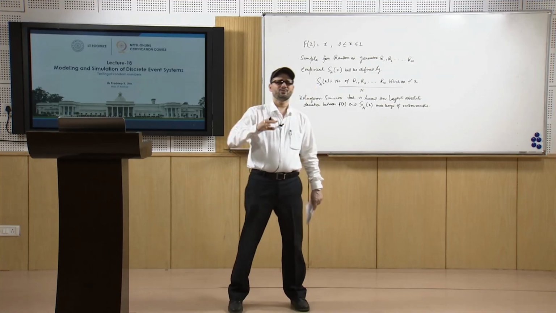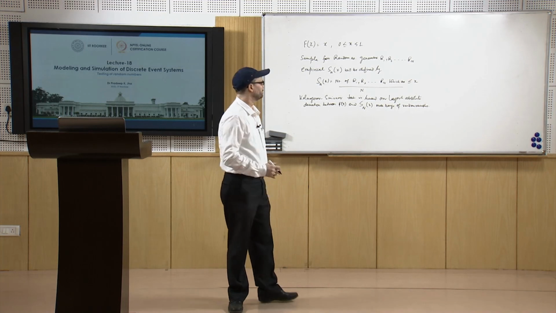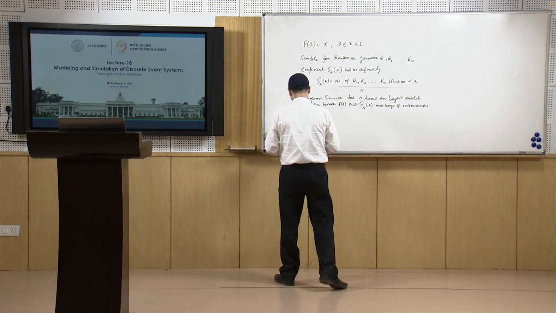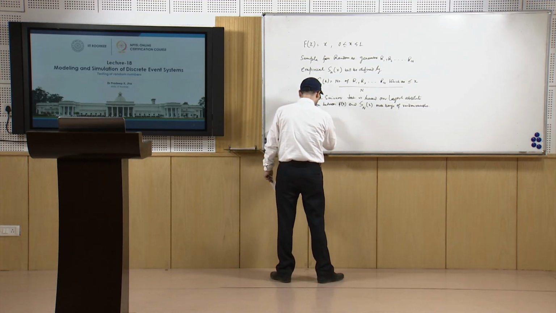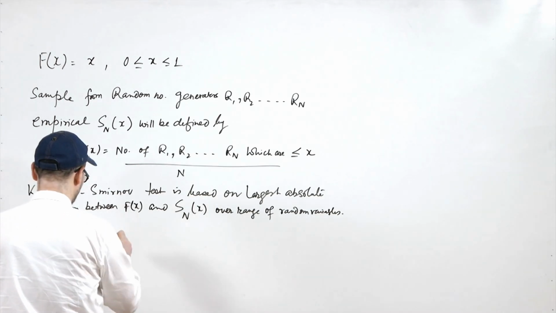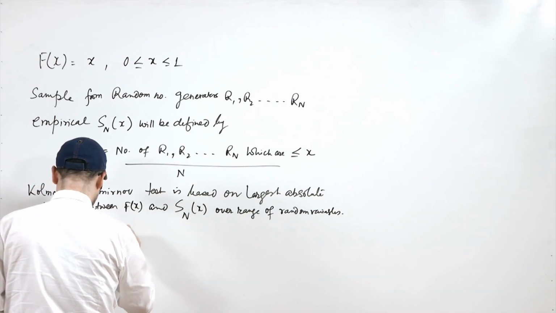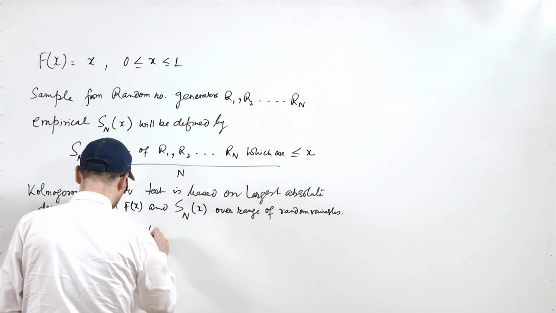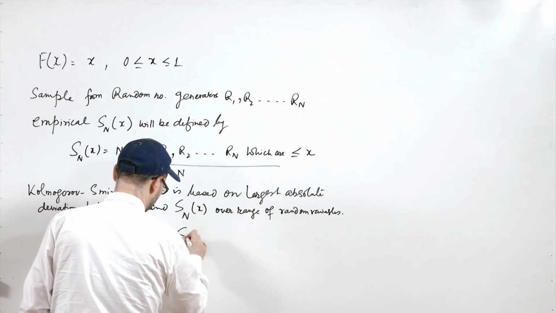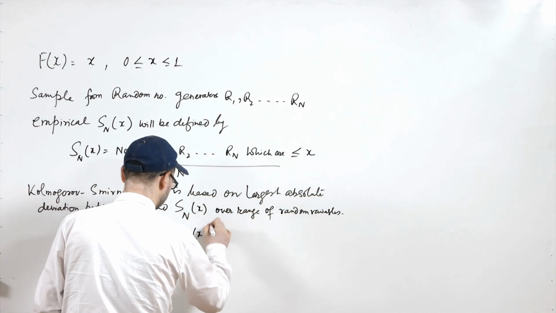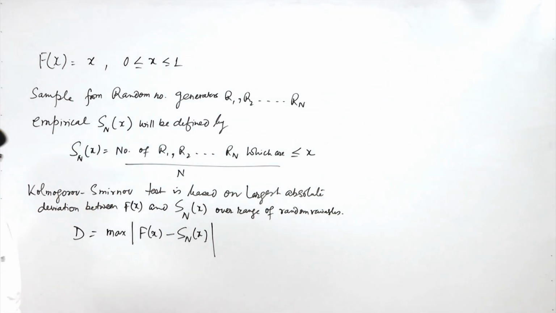For that we find certain parameters, and one is D equal to the maximum of |F(x) minus SN(x)|. So, this D is calculated.